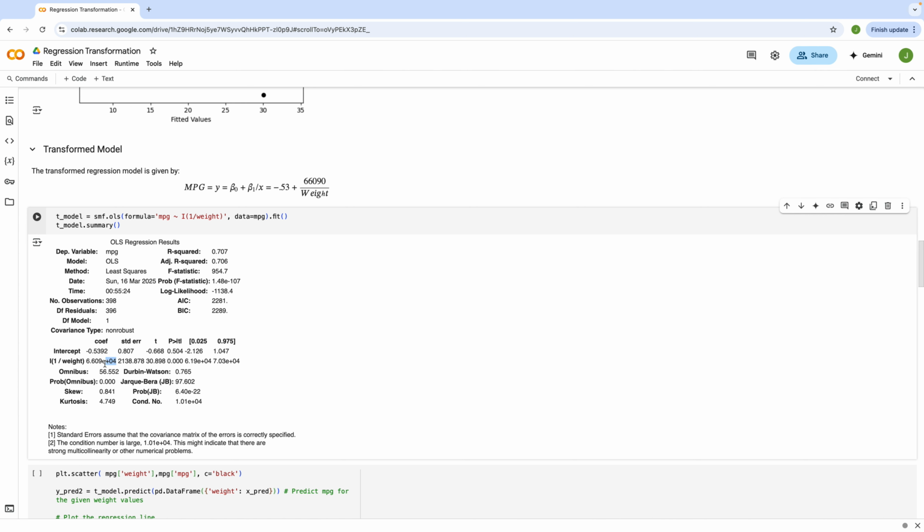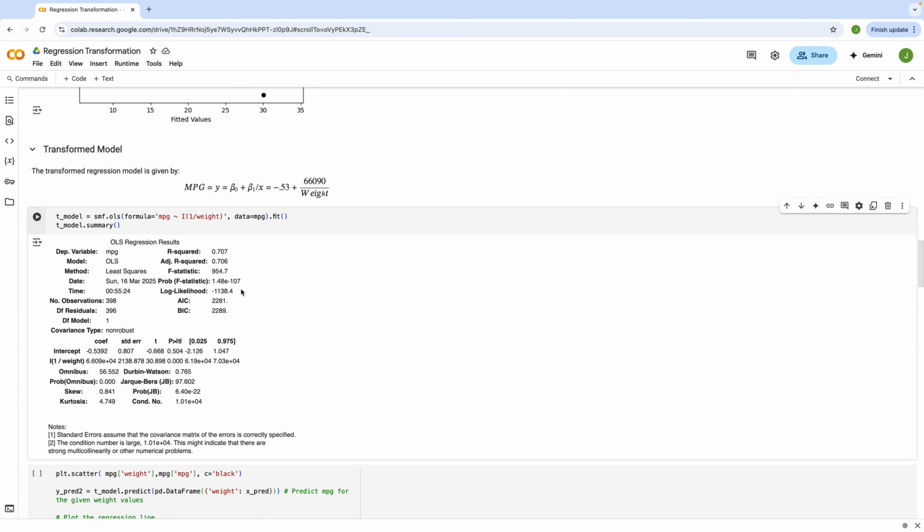Notice that's a positive 10 to the fourth, so that's how I get that number there. We also see that the 1 over weight coefficient definitely affects miles per gallon, both from this p-value right here and from this confidence interval estimate. So its coefficient could be anything in this range.